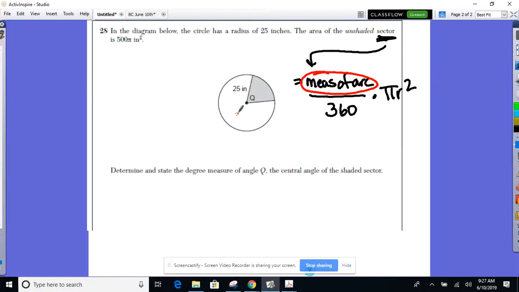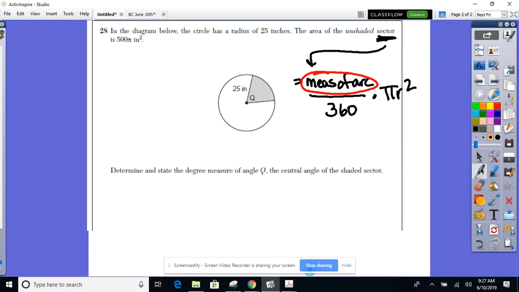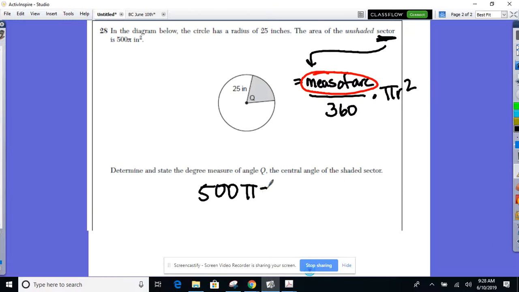All right, so here's my plan. I'm going to use this with this formula. What was the area of the unshaded part? So I'm going to say 500 pi is equal to this formula. I'm going to put an x in for the measure of the arc over 360 times pi.